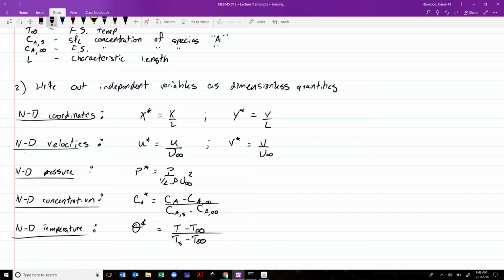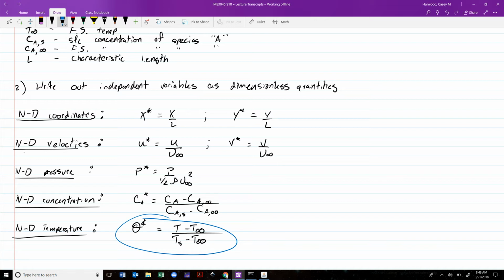So now comes the step that is probably going to use the most ink, which is taking these non-dimensional terms and plugging them into our governing equations. The way we would do this, as a prototype, is to take this right here.